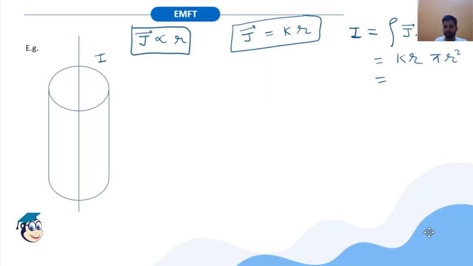Okay, when you integrate this quantity, K into pi into r cube over 3 is I. So you can easily see that K is 3I over pi r cube.